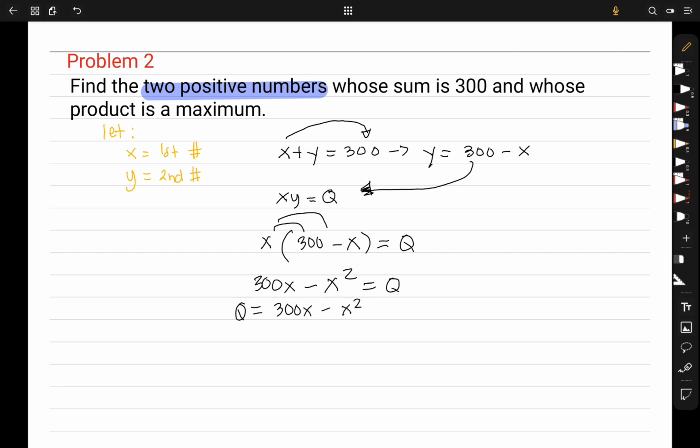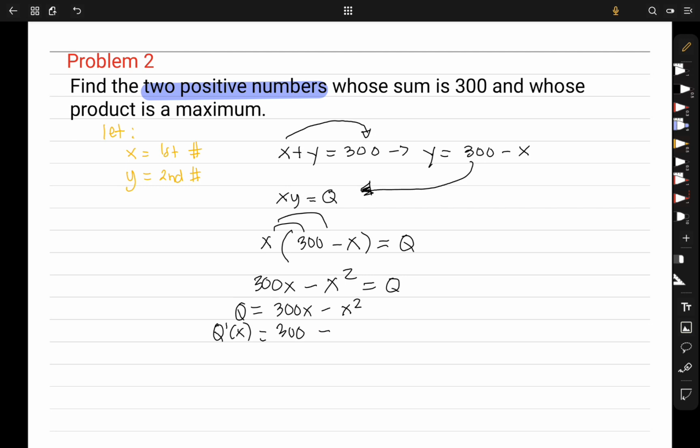So now we can differentiate our equation. So q prime of x, since we're in respect to x, is equal to, so 300x, what is the derivative? That is 300, minus, what is the derivative of x squared?